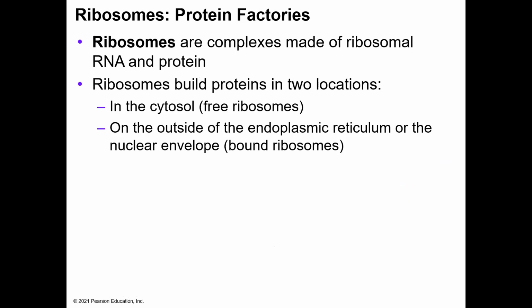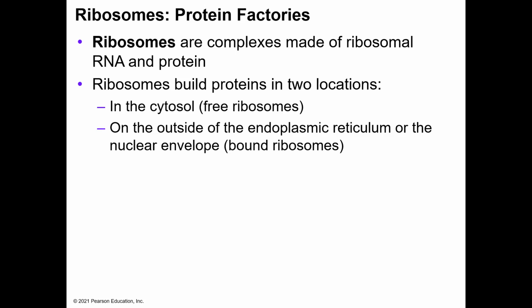Now, ribosomes, what are ribosomes? I mentioned earlier that they are like little factories. They're units that allow for messenger RNA to be read. They are complexes made of what we call ribosomal RNA and protein. So ribosomes build proteins in generally two different locations within the cell.